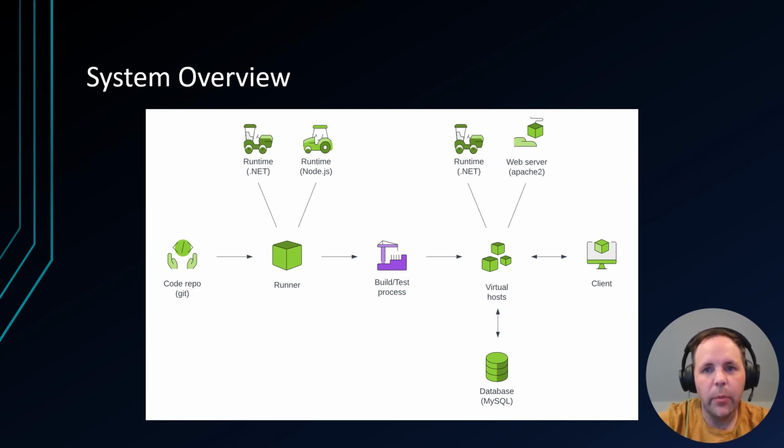So that's the build and test process, and then the published app is moved onto the server, which has 3 different virtual hosts, again, one for each environment, and it also has the runtime it needs. It only needs .NET to serve the Blazor app.